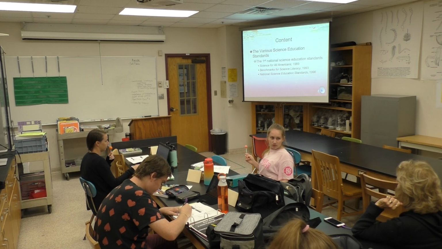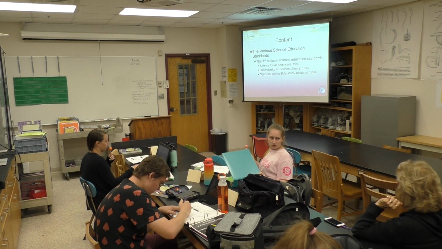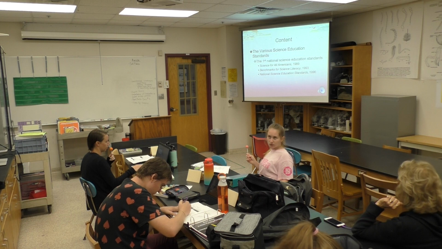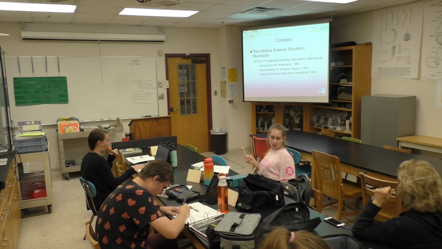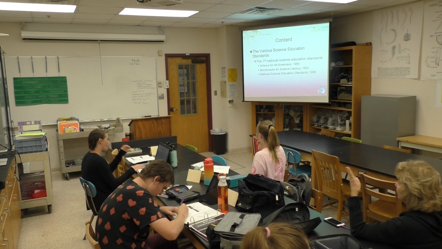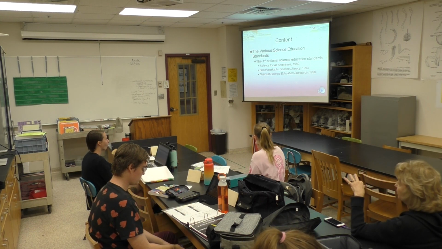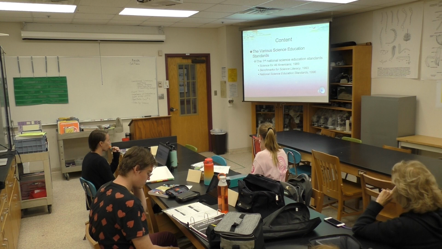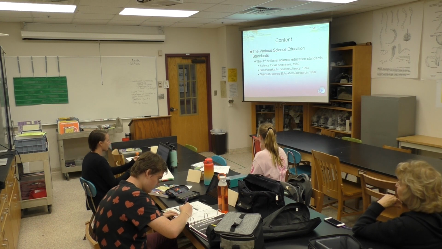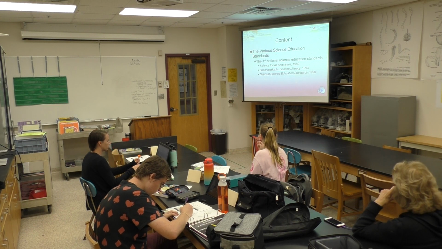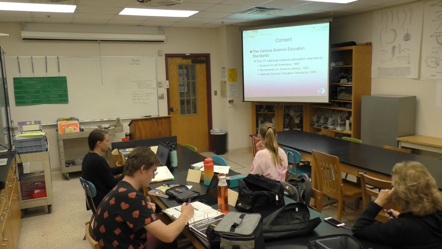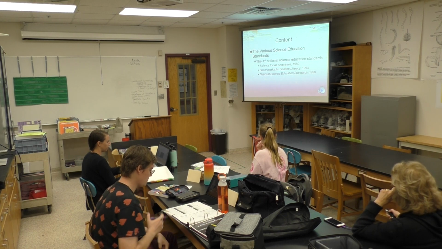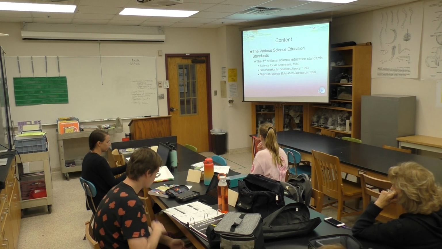K through 4, and then 5 through 8, and then 9 through 12. So the BSL had 4 grade levels, the NSES had 3 grade levels. I don't know why they chose it that way, but it still gives you a little bit of a different perspective. What are some other differences between the NSES and the BSL besides the grade bands?